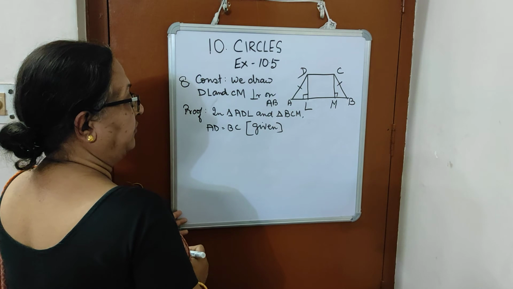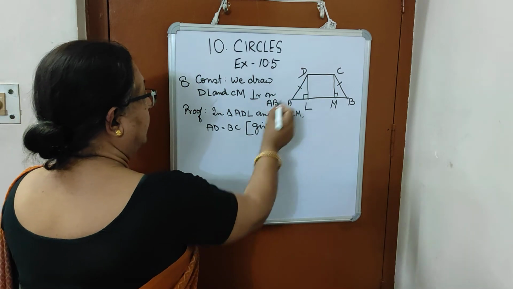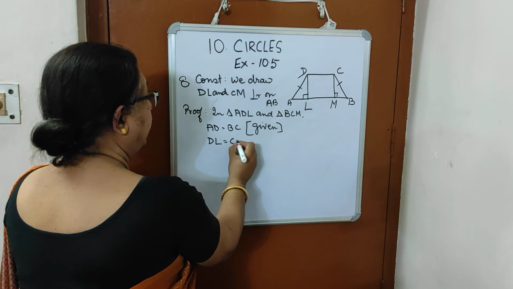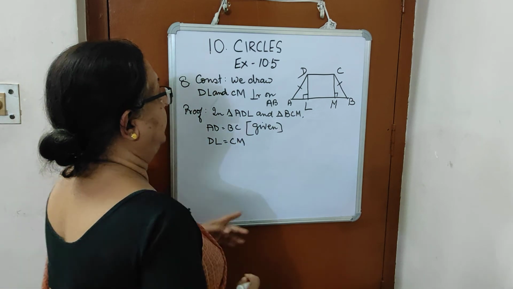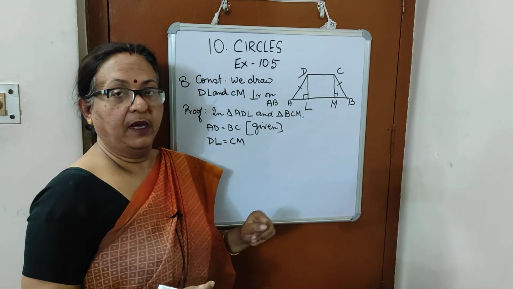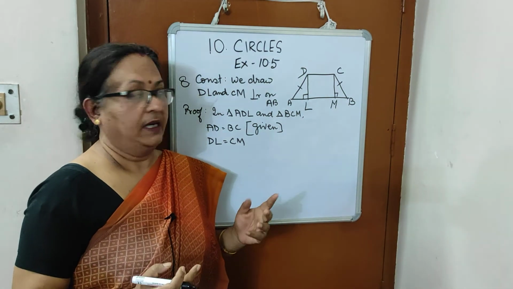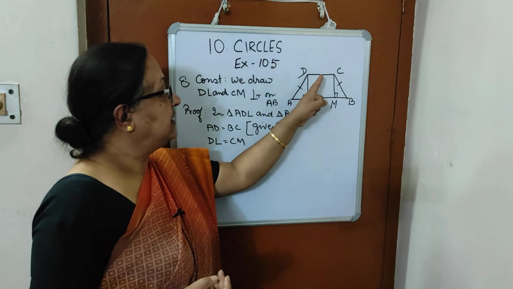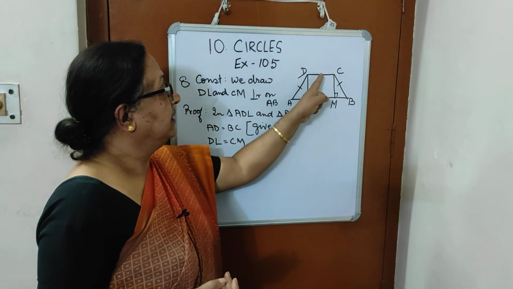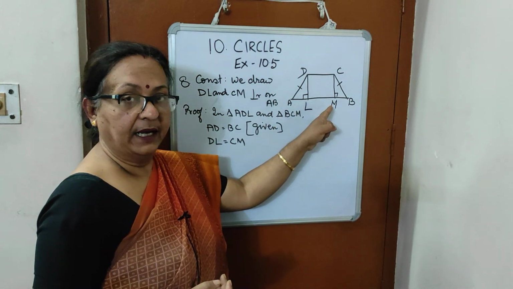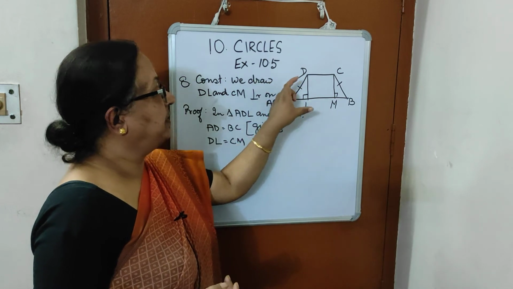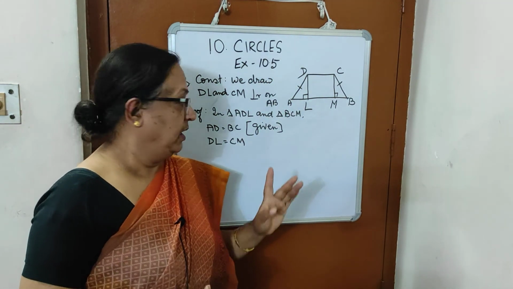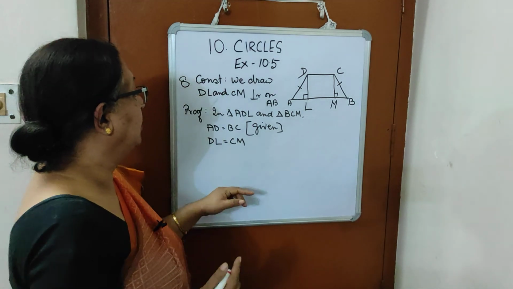What else we have? Can we write this, DL equal to CM? Are they equal? Yes, they are equal. Why? Because since this is a trapezium, DC and AB are parallel, and you know distance between parallel sides remains the same, equal. So we can write DL is equal to CM.